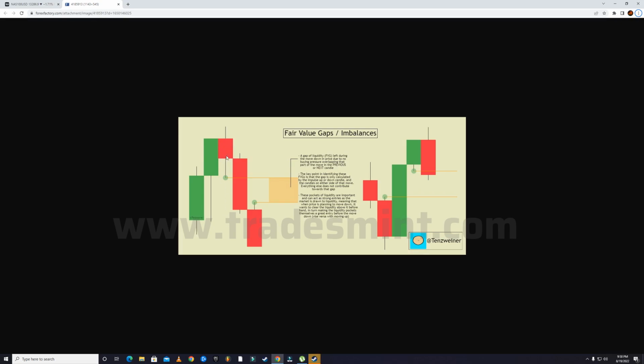This is the first candle, and we look at the low of the first candle, and then we look at the high of the third candle, and if there is a gap between the low of the first candle and the high of the third candle, then that area could be considered a fair value gap or imbalance.